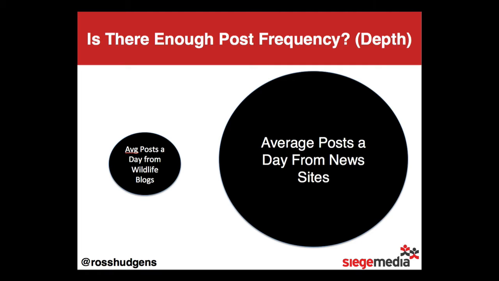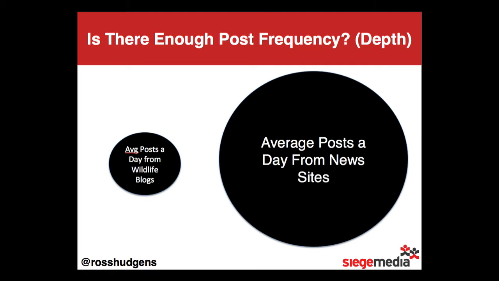And that means that even if there's fewer of those, the total publishing is what matters. So if you think about it in terms of not number of sites, but rather number of net posts being published per day in a certain sector, it's probably a better way of thinking about the total opportunity.